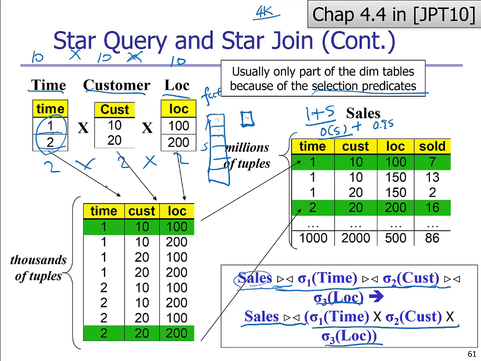All right, and then we perform the join again, so it would be another big O of 0.9S, or you can remove 0.9 if you like. So essentially, you will do it again in our example.